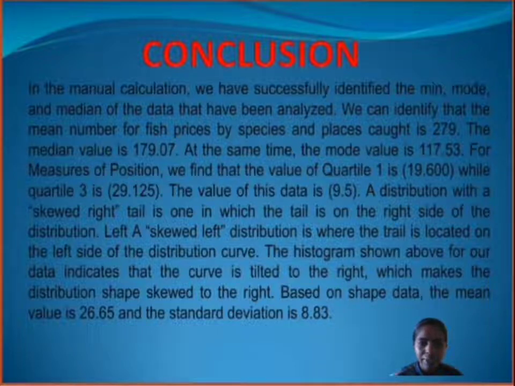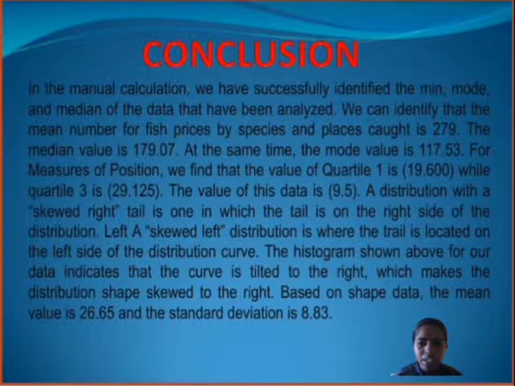At the same time, the mode value is 117.53. For measure of position, we find that the value of quartile 1 is 19.600, while quartile 3 is 29.125. The value of this data is 9.5.